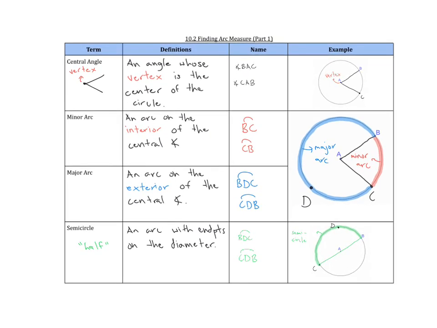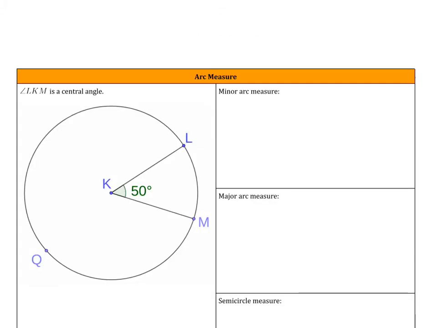All right, so that is all of the parts or the arcs that we're going to cover. Let's go ahead and start figuring out how to find the measures of these arcs. So to find the arc measures of the minor arc, the major arc and the semicircle, here's what we're going to do.